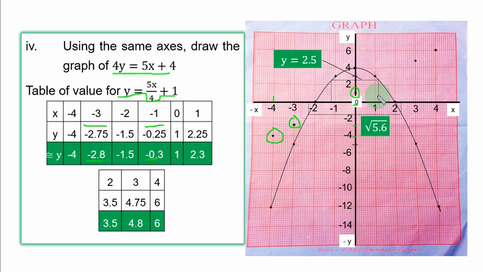When s is 3, y is 4.8. Okay, 4.8 is there. And when s is 4, y is 6. So this is 4, and we have 6. This is the point of contact.